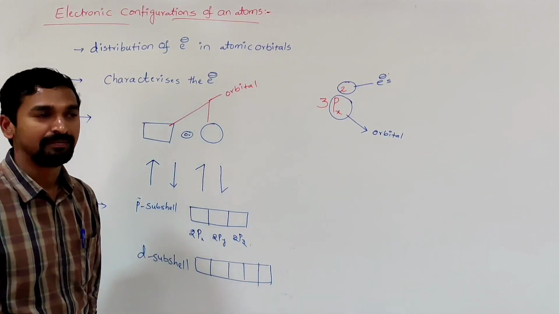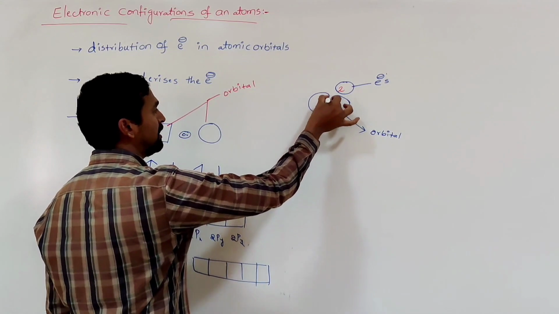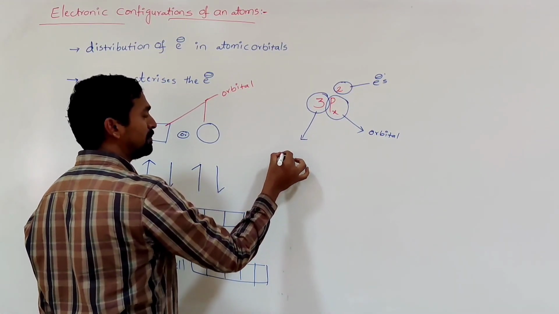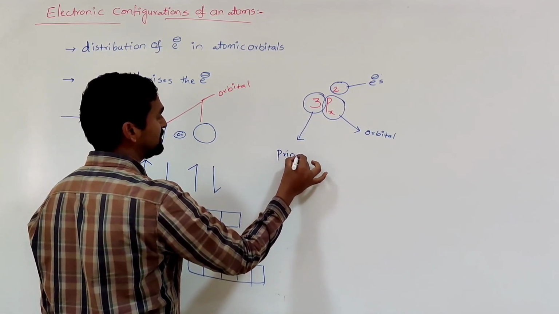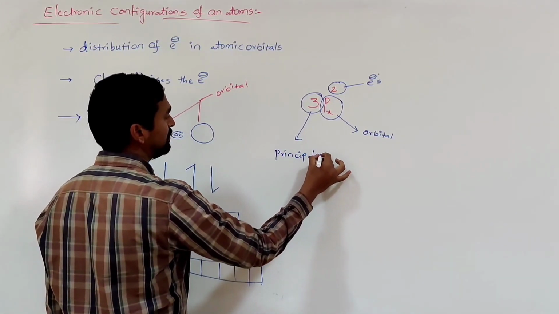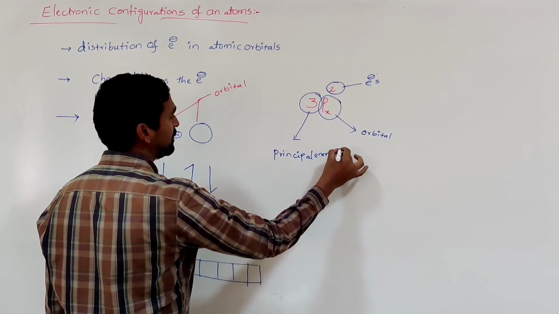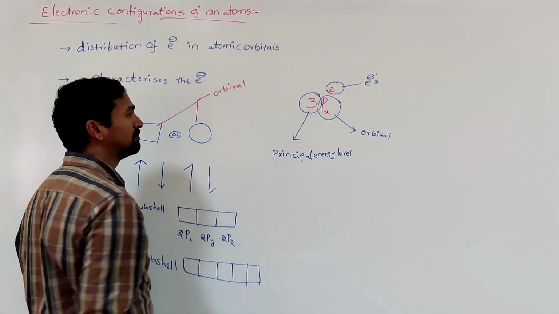The 3 represents the principal quantum number, that is the main energy level.